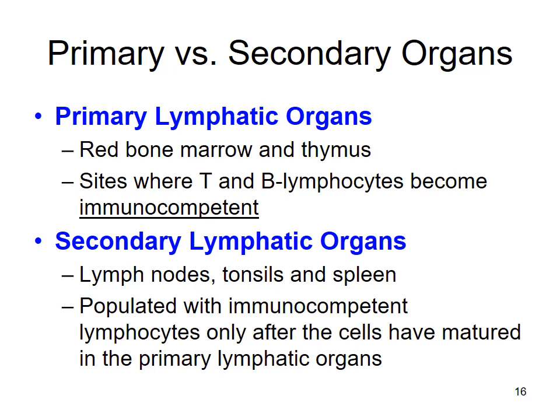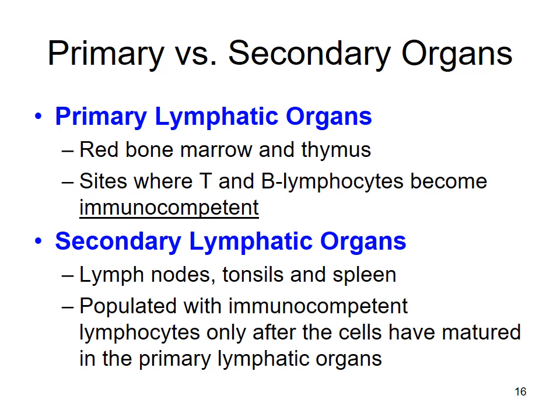So what we see happening here is when we look at cells like our T cells and our B cells, both of these cells are examples of your lymphocytes, which is a form of a white blood cell. We see that the T cell has to go over to the thymus to become immunocompetent, and the B cell has to go over to the bone marrow to become immunocompetent.